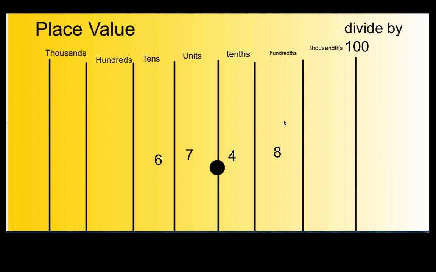Because you're dividing, you're going down the place value chart, so you should have bounced them once, twice down. So your answer would have been 0, nothing there, is there? 0.6748.